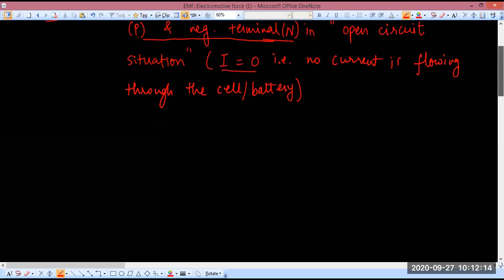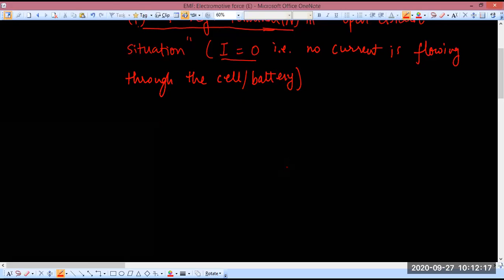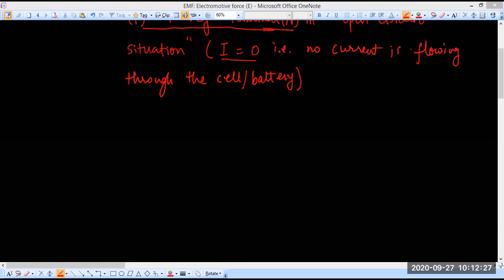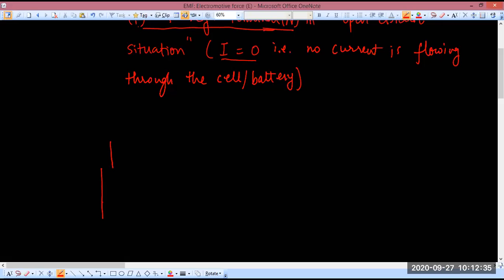So what does that look like? Yes, exactly, Coder. The difference is as follows. Let's say this is the positive terminal of the battery, and this is the negative terminal of the battery.